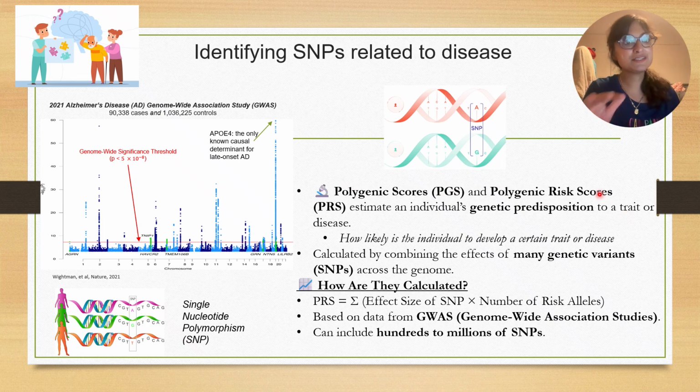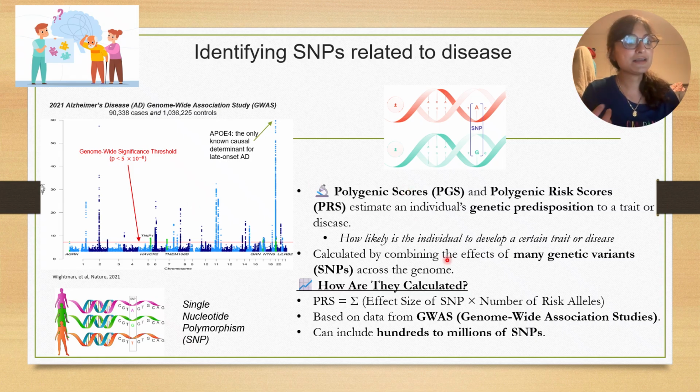But a polygenic risk score is a polygenic score that is applied towards a disease. Basically what these scores are trying to measure is how likely the individual is to develop a certain trait or a disease, based on their genetics, whether they have certain SNPs or not.